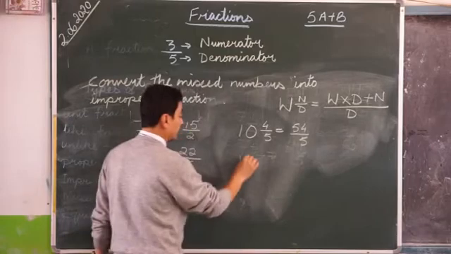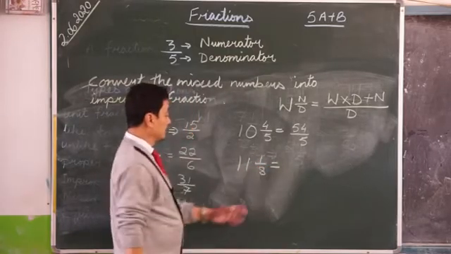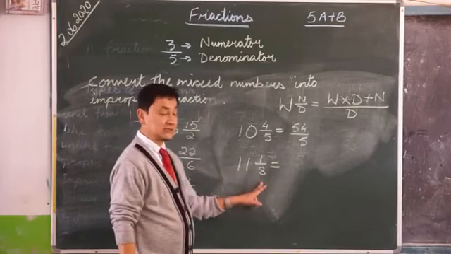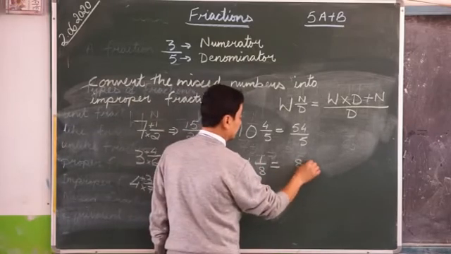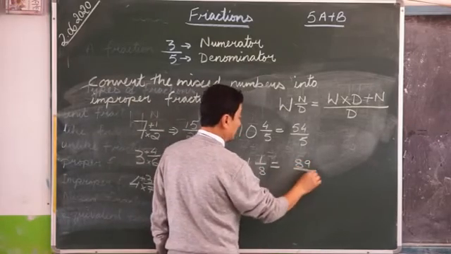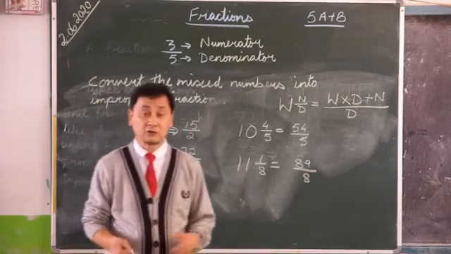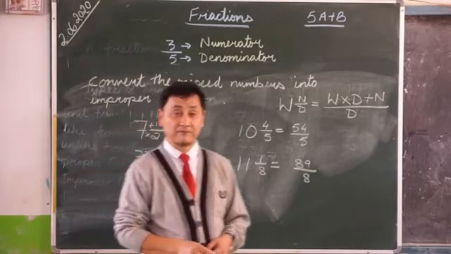Let's try another one. 11, 1 upon 8. You can do 8 times table or you can do 11 times table. 11 8s are 88 plus 1, 89 upon 8. So I hope you have understood, children, how to convert mixed number into improper fraction.